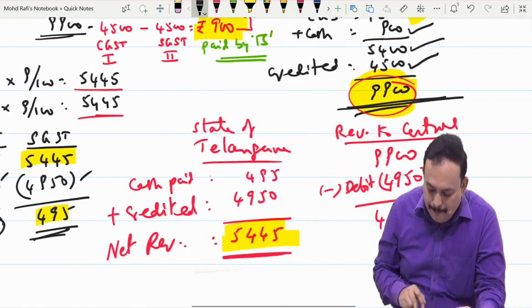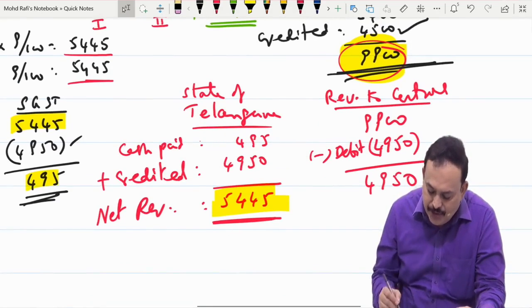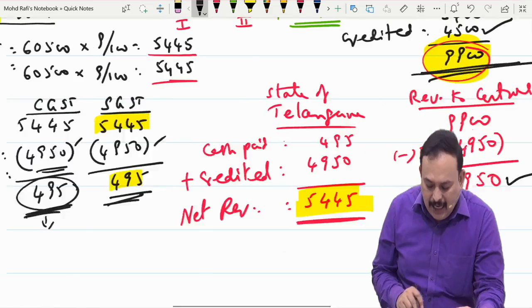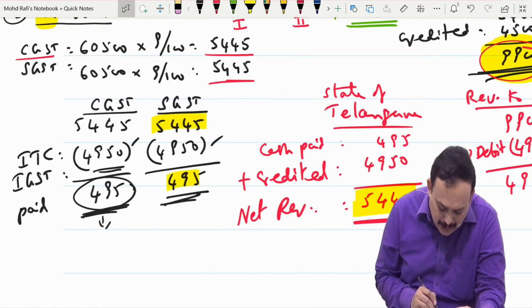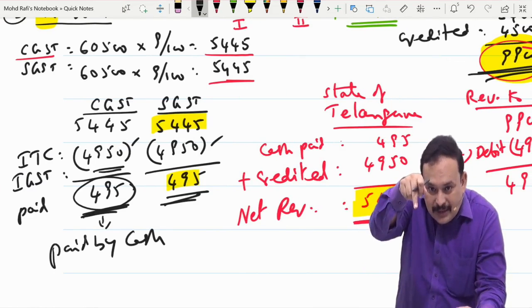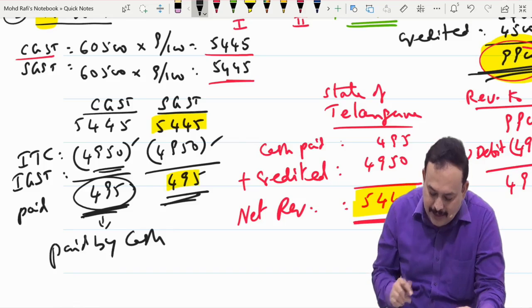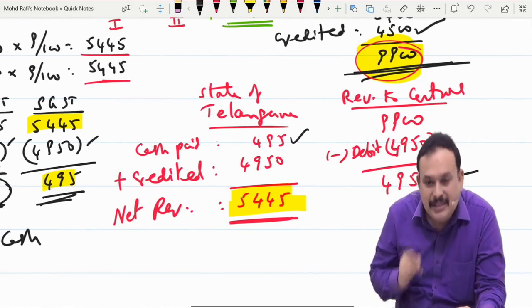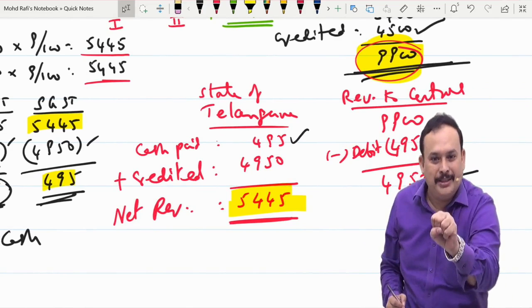Actually, see here, in the given case, 4,950 and here 495 paid by cash also goes to the central government. Should we consider it or not? See, here cash paid 495. Here cash paid, where is it? So the CCA holds the cash.